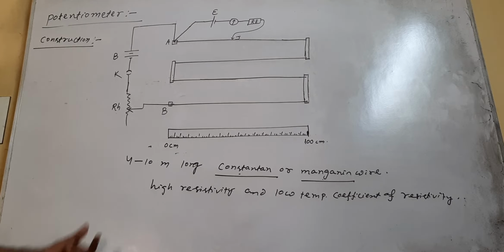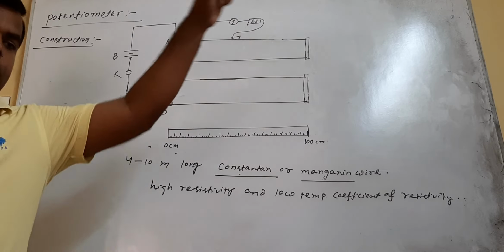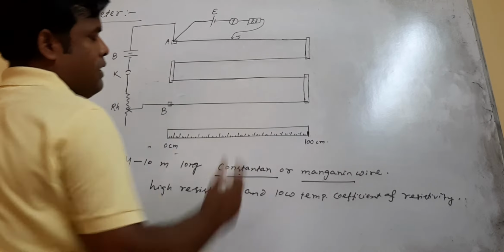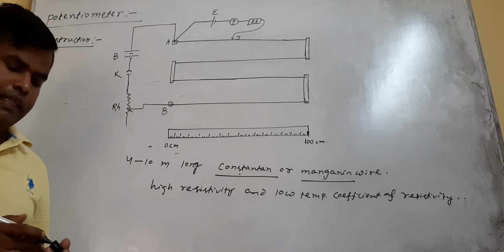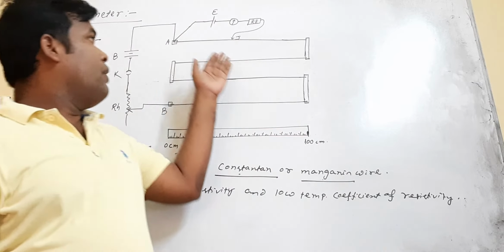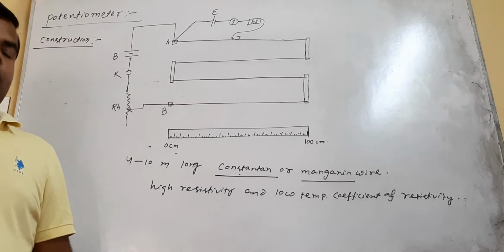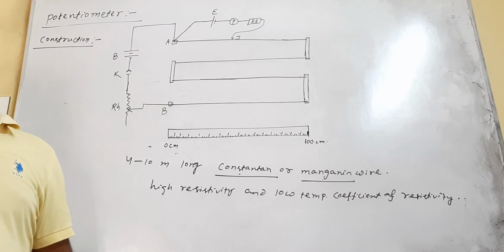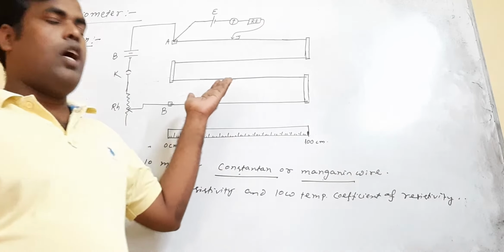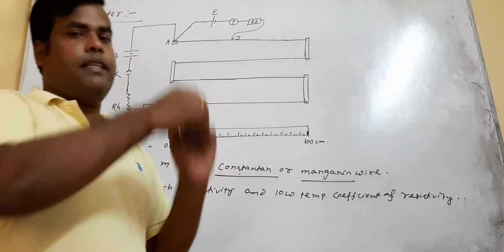Instead of taking this 4 or 10 meter long wire straight, we are taking several 1 meter long wires, because generally in our laboratory we are using a 10 meter long potentiometer. If you take 10 meter directly straight, it is very long. That means the laboratory may not accommodate it.